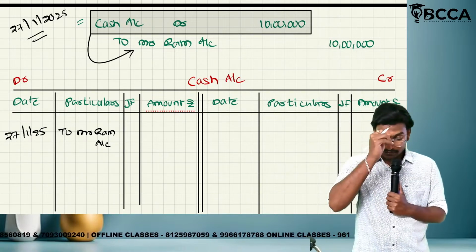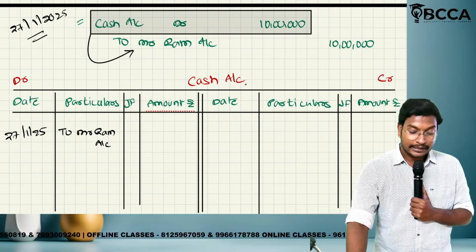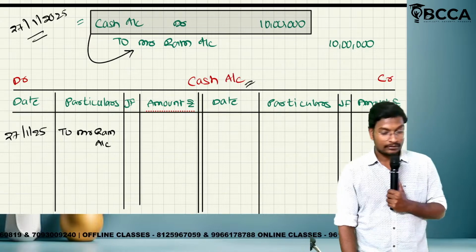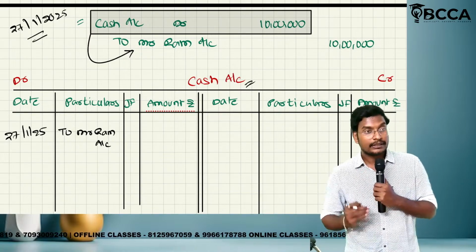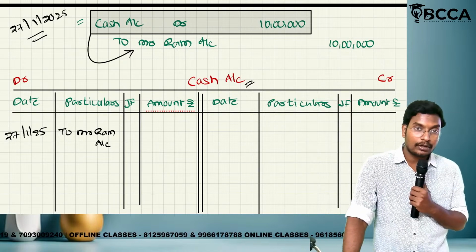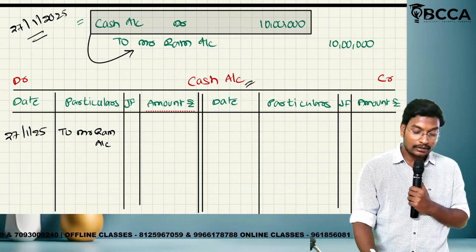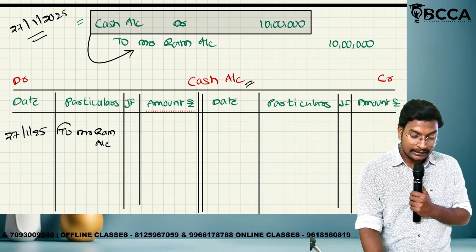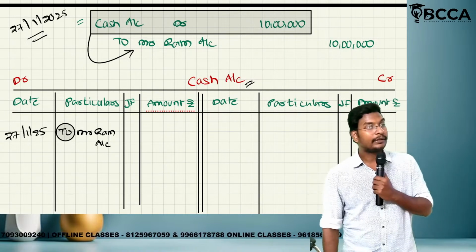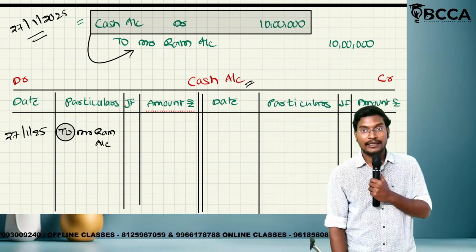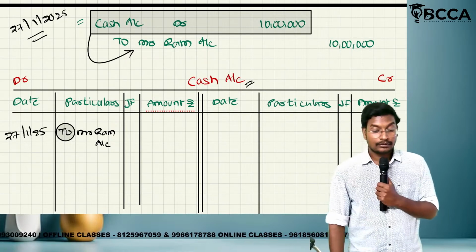Once again I am repeating. We have opened the cash account. Cash is debited, so we record on the debit side. While recording the debit side we use the word 'to'; while recording the credit side we use the word 'by'.